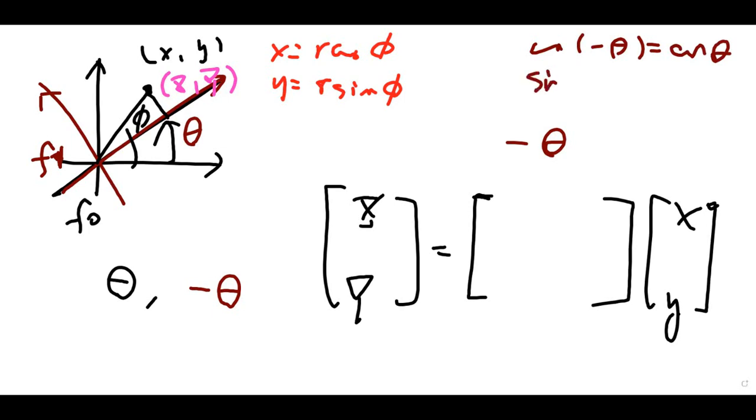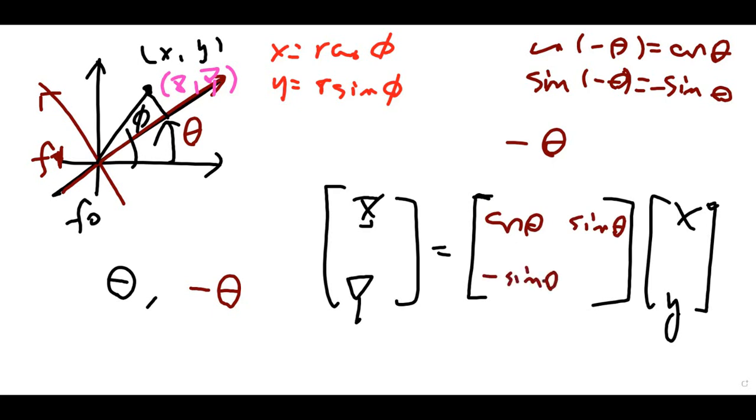Sine of minus theta equals minus sine theta, it is an odd function. So here you have cosine theta, sine theta, minus sine theta, cosine theta. You get this.